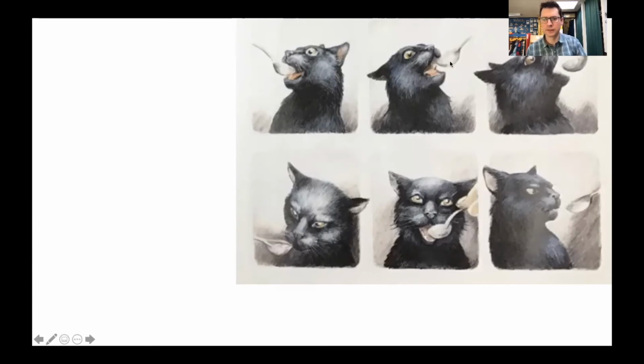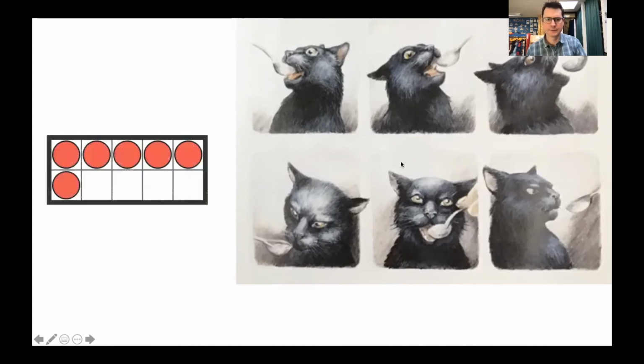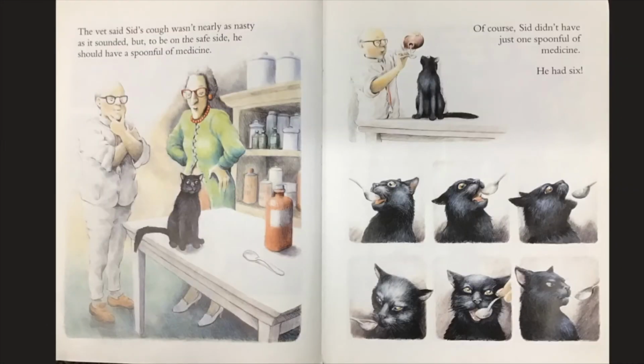Oh, my word, he doesn't look happy down here at the bottom, does he? With spoonful number 6. 1, 2, 3, 4, 5, and 6. Of course, Sid didn't have just one spoonful of medicine. He had 6.